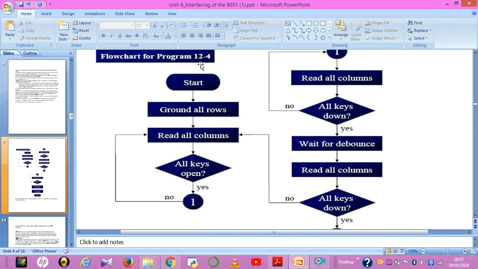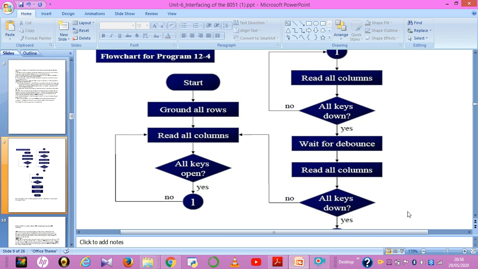Now the flowchart for the program. Start, ground all the rows, so all the rows are initially zeros. Read all the columns, initially all are ones. All keys are open. It checks whether it is 1. If yes, it goes again, otherwise it comes back. Read all the columns. All keys are open, wait for debounce. Read all the columns.